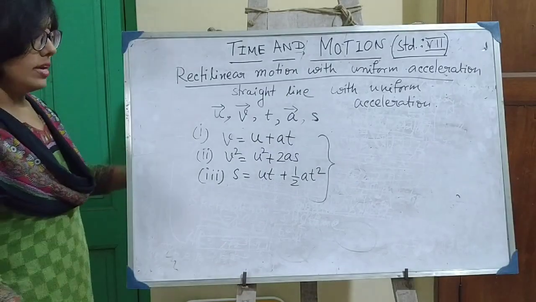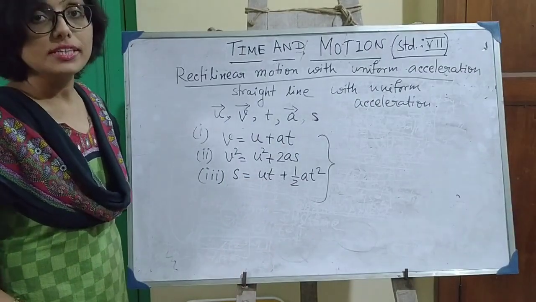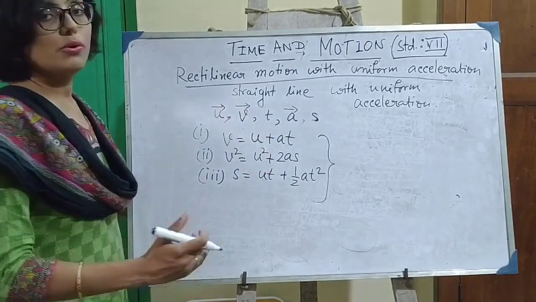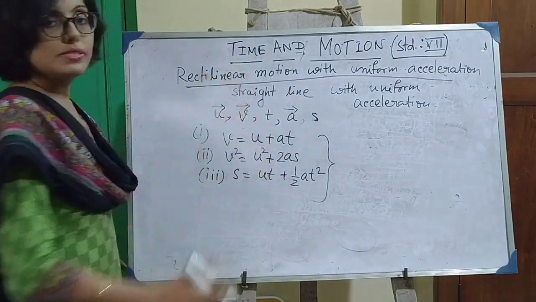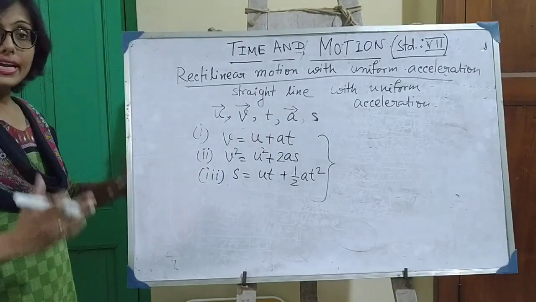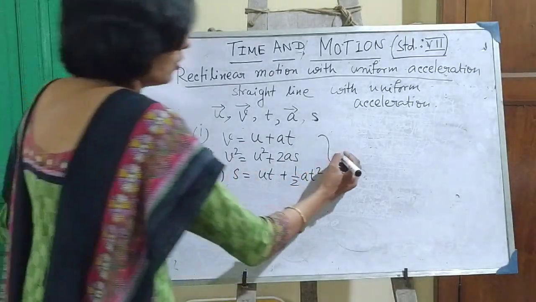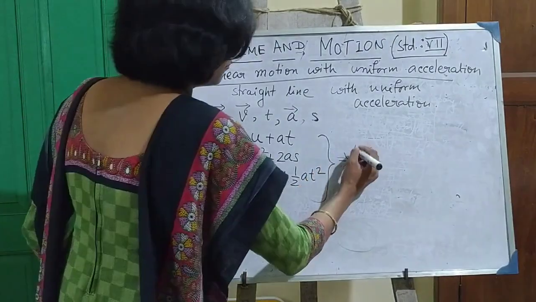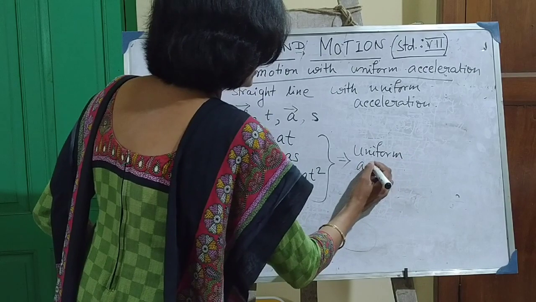Now if the body is moving with a uniform retardation or uniform deceleration, which means the velocity of the body is decreasing, then instead of the positive sign in these equations, we shall use the negative sign. These three equations are only applicable for a body moving with uniform acceleration.